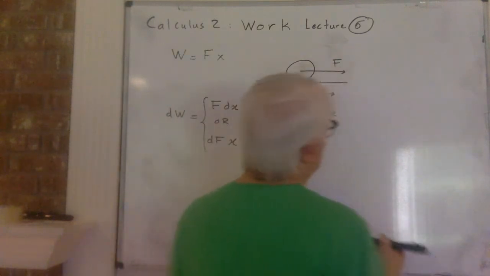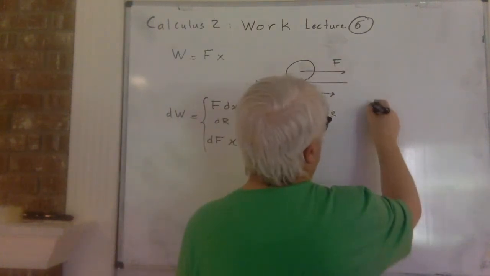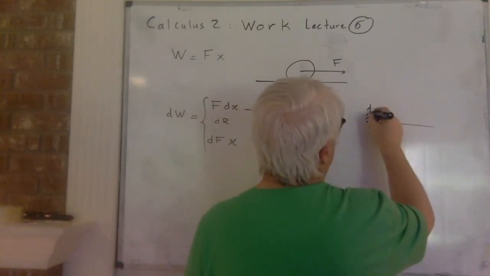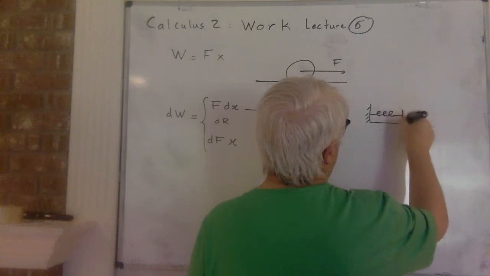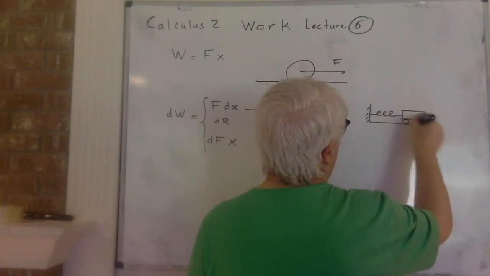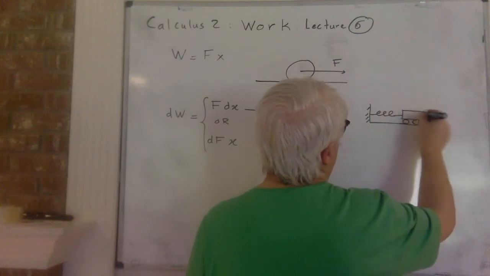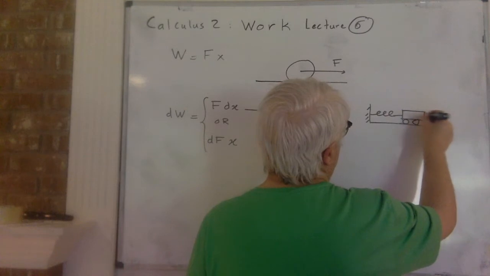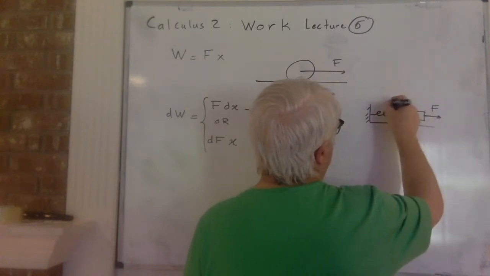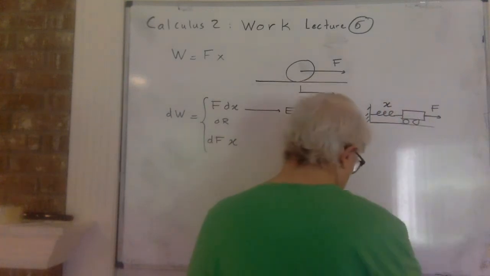Okay, the simplest example is this. Say I have an object connected to the wall, and I'm just pulling this thing with force F, and this is x. Sorry, this is k.